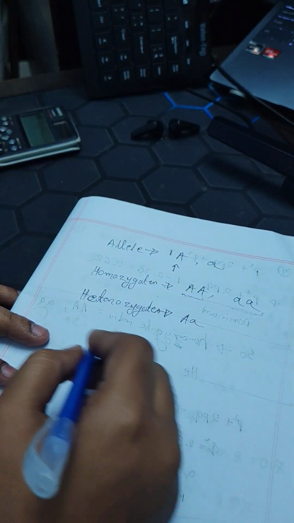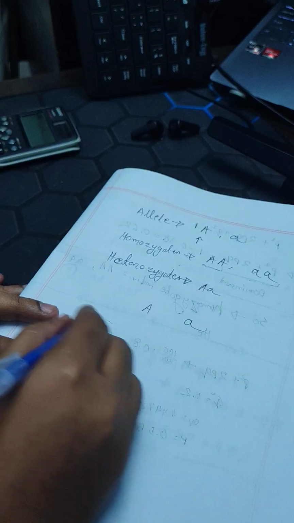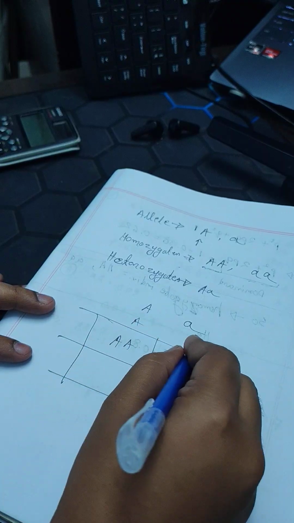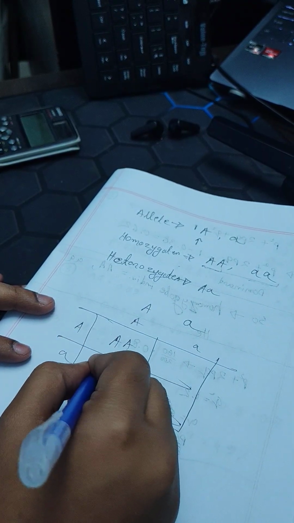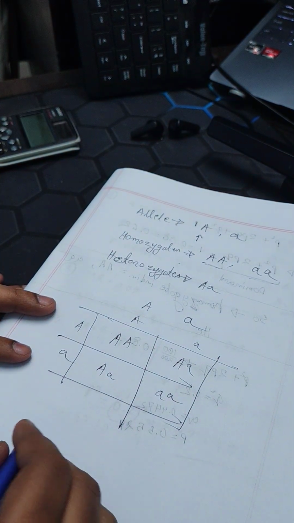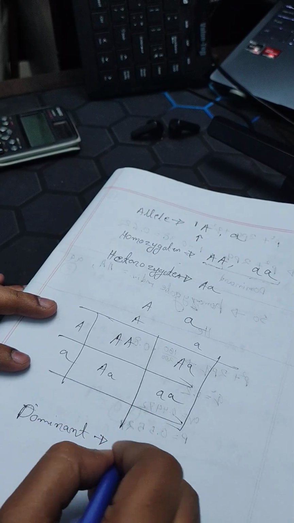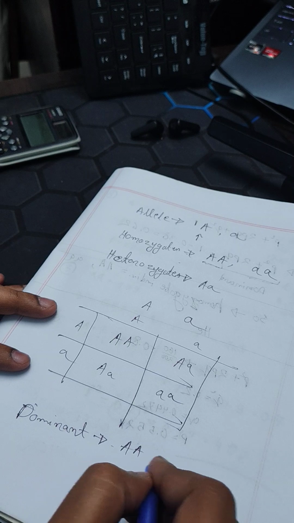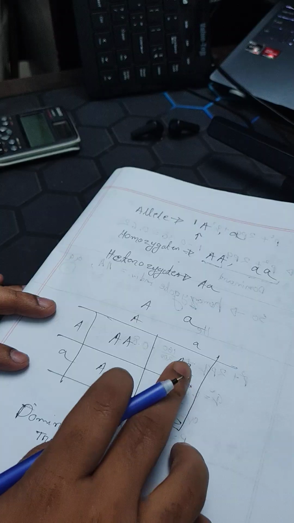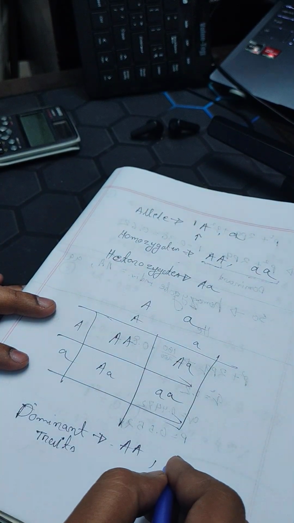So you are understanding that if we create the combinations with two alleles, we will get four possible combinations, right? AA, Aa, aA and aa. So the dominant traits will be observed in these types of zygotes, right?